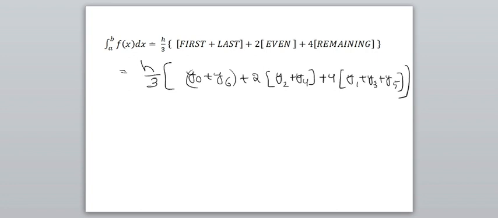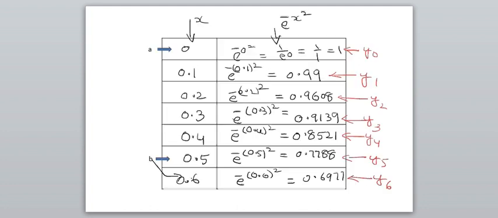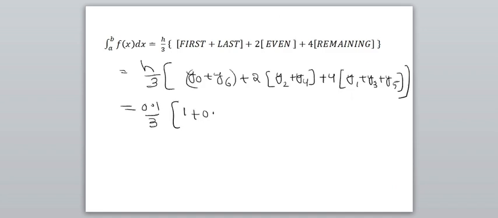Substitute all these values. h is 0.1, y0 is 1 and y6 is 0.6977.